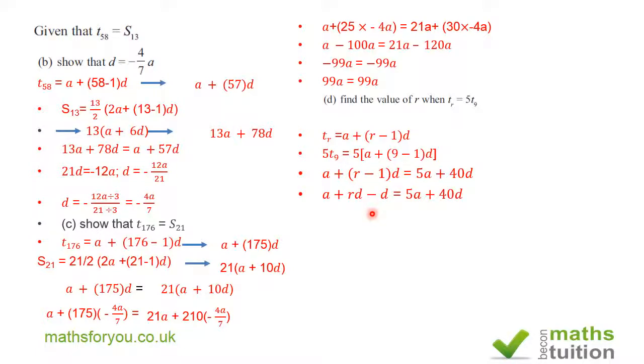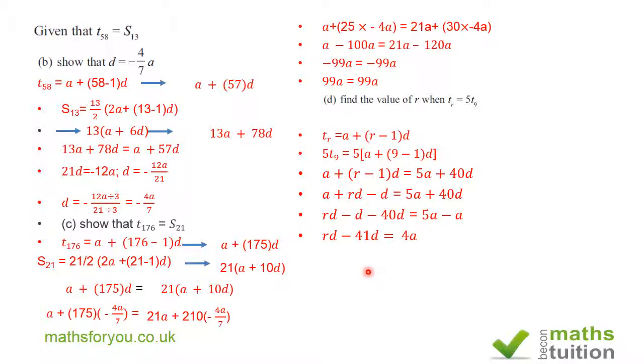If we then open the bracket on the left hand side, we have a plus rd minus d is equal to 5a plus 40d. If we then subtract 40d from both sides and a from both sides, we end up with rd minus d minus 40d is equal to 5a minus a.